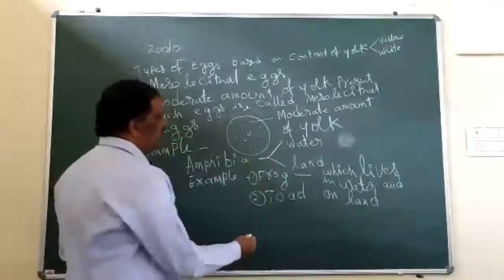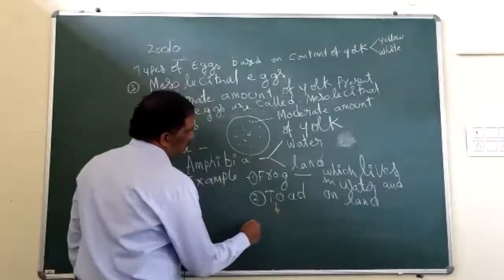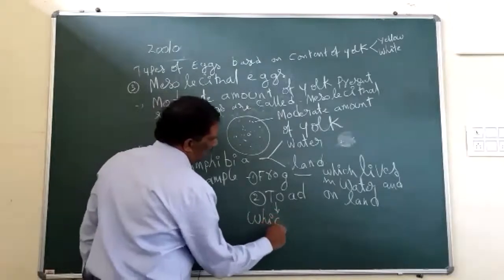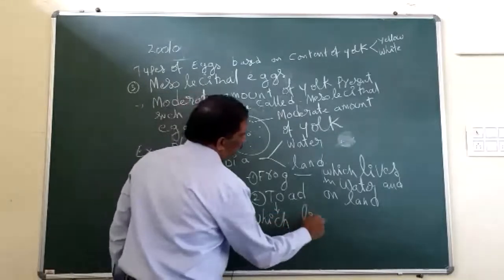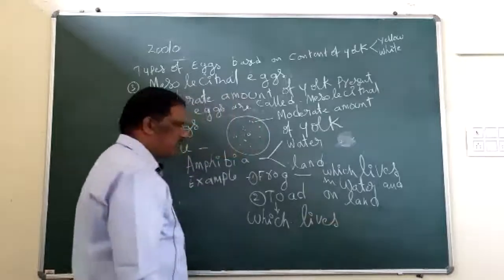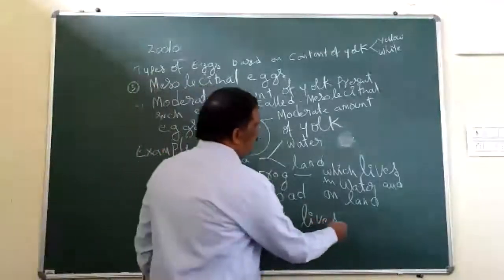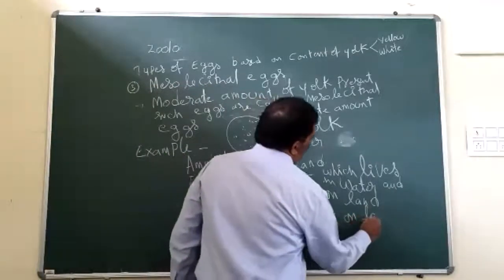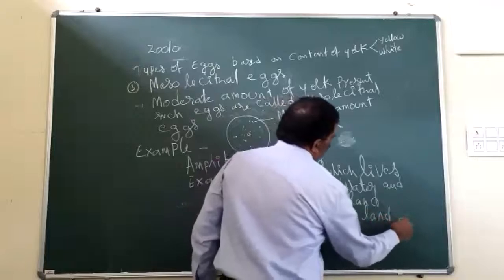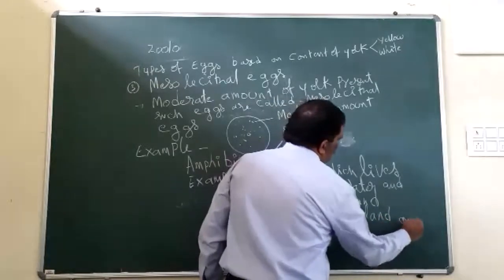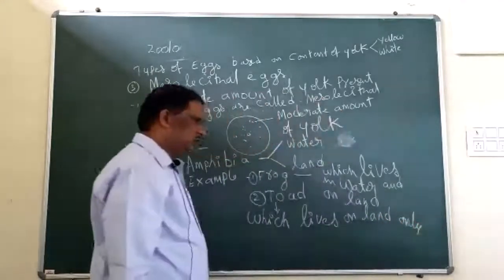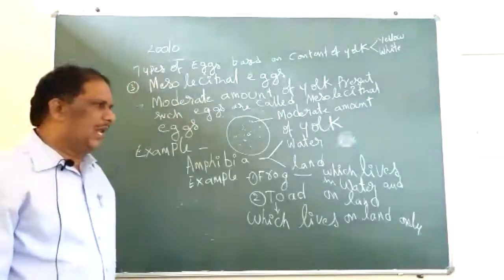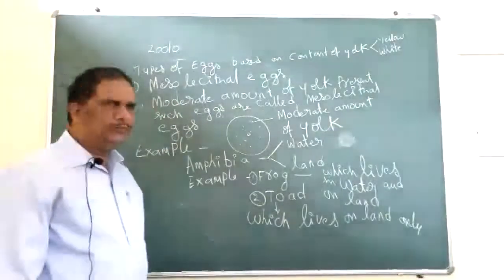A toad is a terrestrial animal which lives on land only.